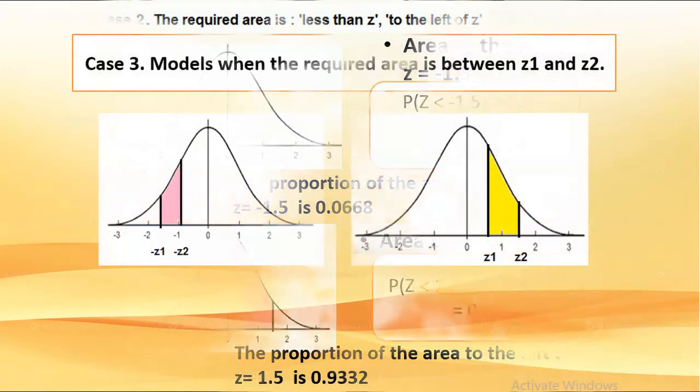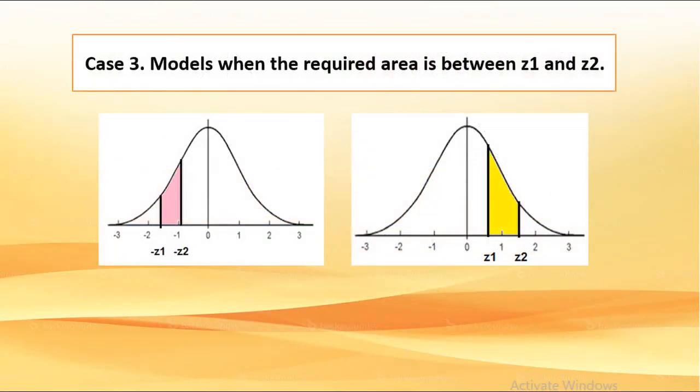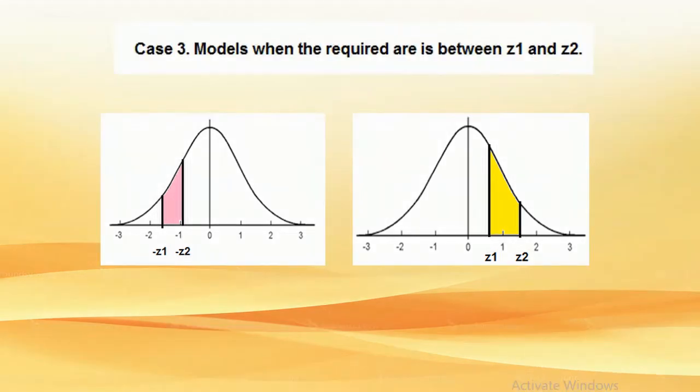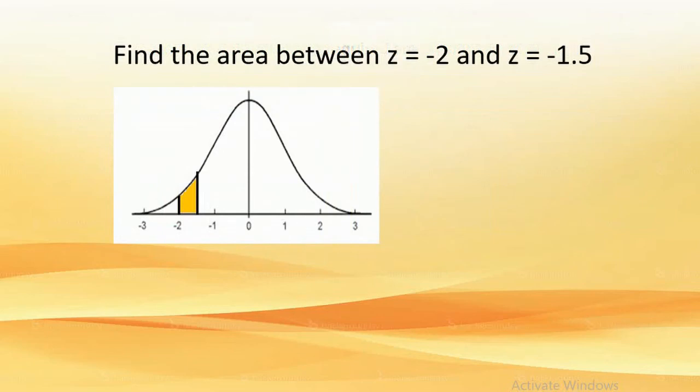Case number 3. This is when the required area is between Z1 and Z2. Find the area between Z = -2 and Z = -1.5. So here is the graph. Z = 2 corresponds to 0.4772.